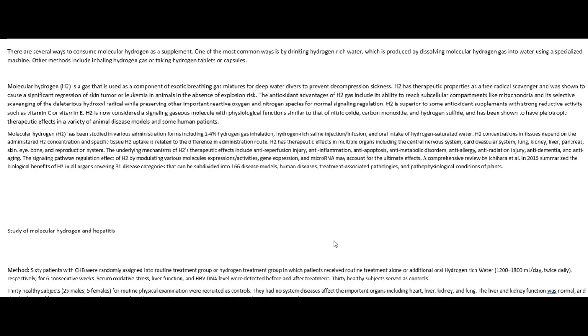A comprehensive review by Ichihara in 2015 summarized the biological benefits of H2 in all organs, covering 31 disease categories that can be subdivided into 166 disease models, human diseases, treatment-associated pathologies, and pathophysiological conditions of plants.